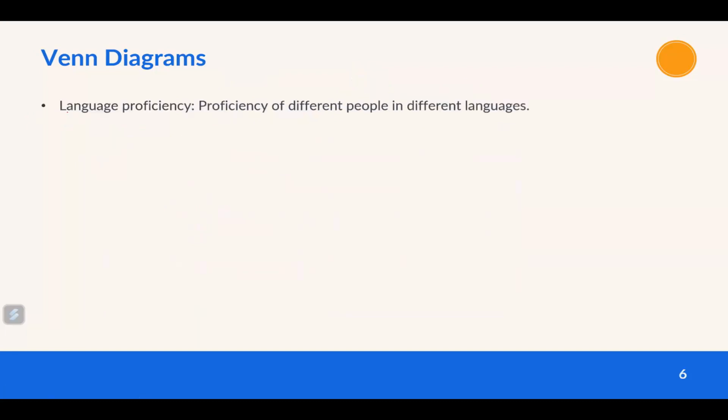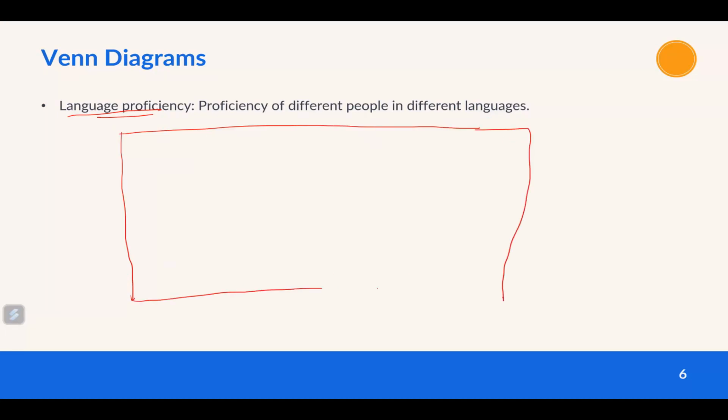Here I have taken one more example, language proficiency. If we have a universal set which represents all the different languages which are spoken in this world, suppose we have 7 languages currently, Hindi, right? Suppose we have a person A who speaks Hindi and English, and we draw this set A as a person who speaks Hindi and English.